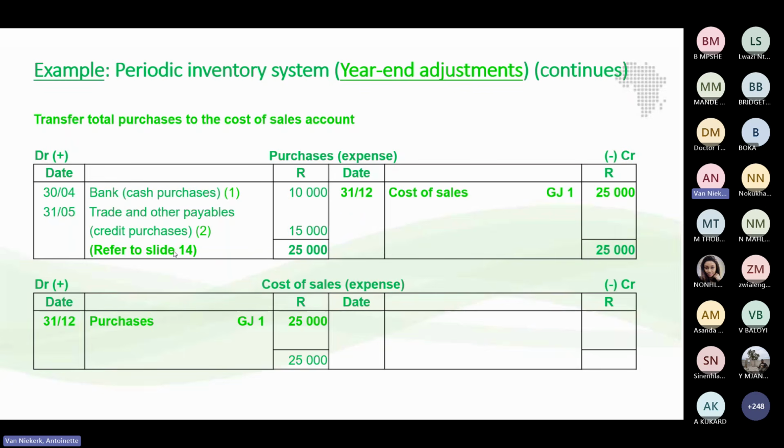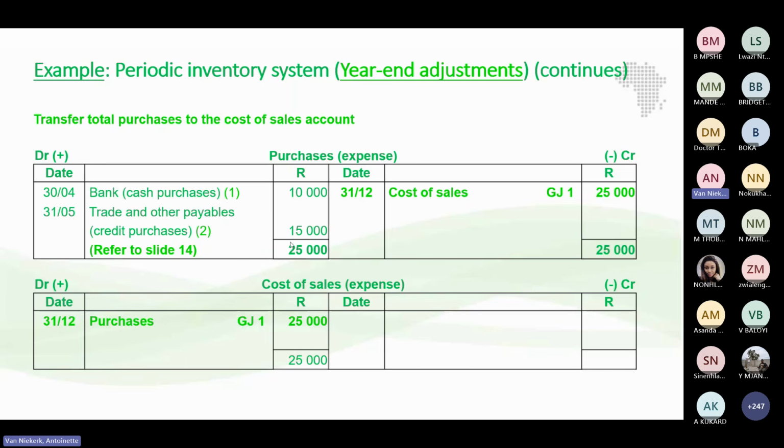And I also say here, refer to slide 14 to look at transaction 1 and 2, if you want to go back to make sure you understand this. But basically, I'm just showing the total amount that was recorded in the purchases account.